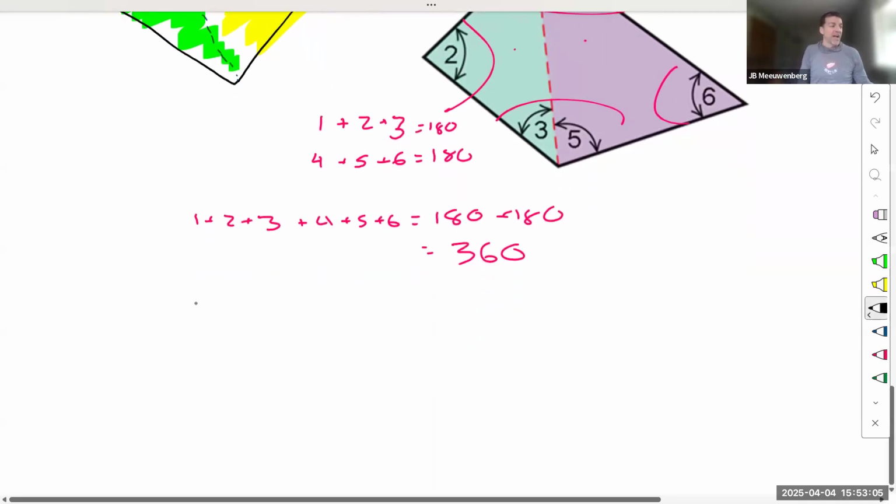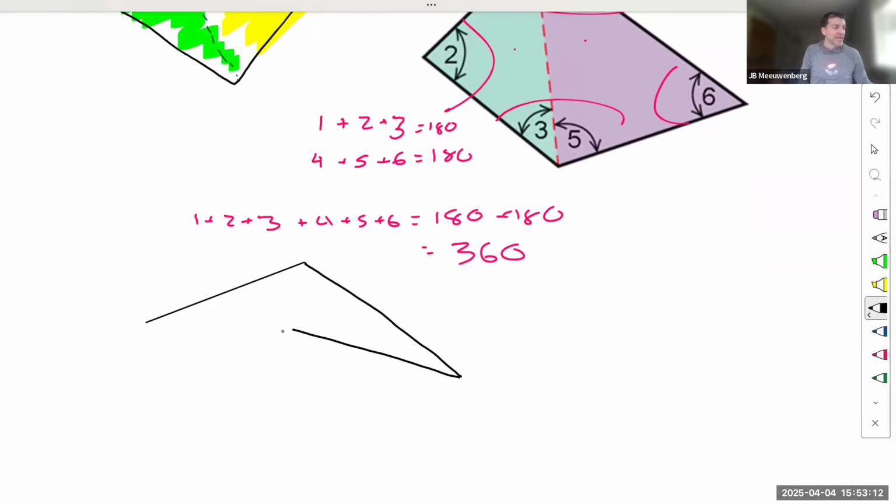Even if it's something concave like this, that still works because we can just cut that into two triangles there. They both have 180 degrees, and so this would have 360 degrees.